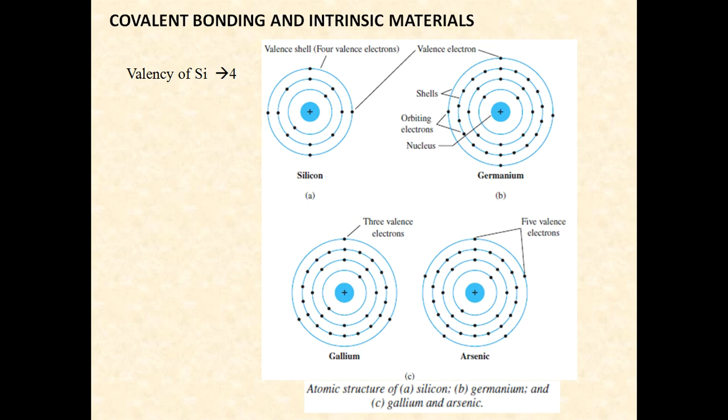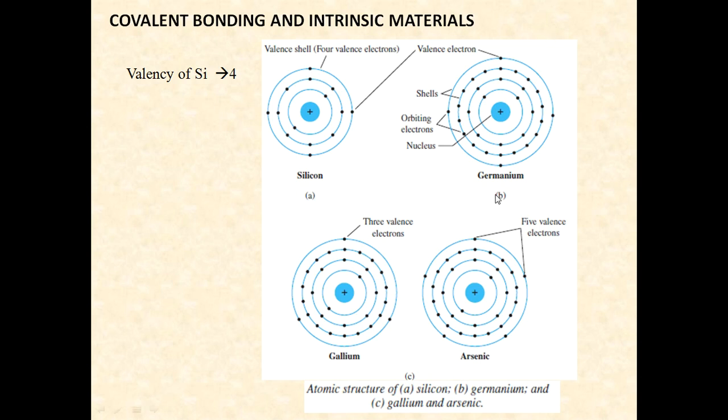Well, the outermost shell is called the valence shell. So the valency depends on the number of electrons that reside in the outermost shell. So for silicon, there are 4 electrons residing in the outermost shell, due to which its valency is 4.